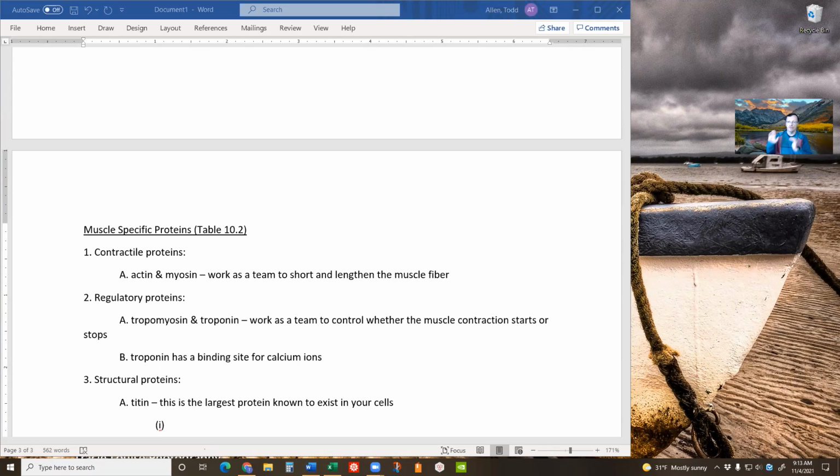What does a titin filament look like? Take a look at that. Give me some descriptive language in the chat window. What's it look like, folks?